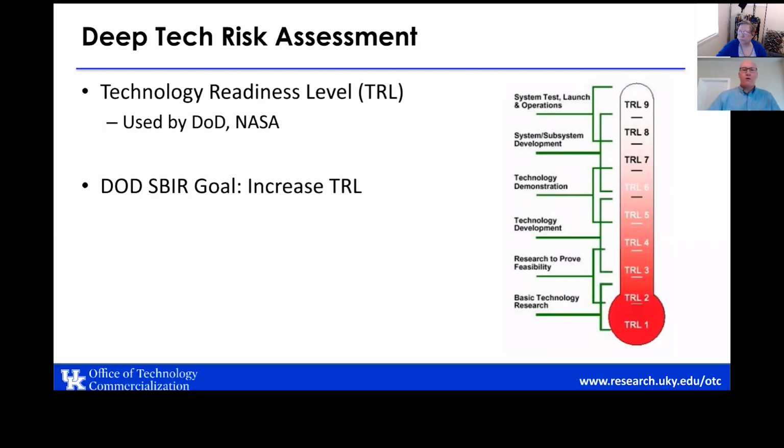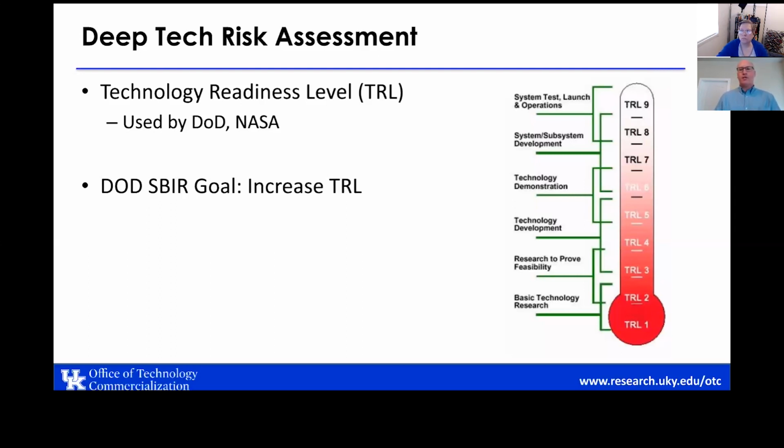The goal of DoD and NASA's SBIR programs is to move technologies from a lower TRL level to a higher TRL level. So maybe it's going from TRL 2 or 3 to 4, 5, 6, somewhere in that range. Maybe in phase 1, you take it up 1 bump, and then in phase 2, you might take it up another 2 or 3 bumps. But at the end of the day, they understand that when you complete your SBIR round, you're not going to be at a 9.